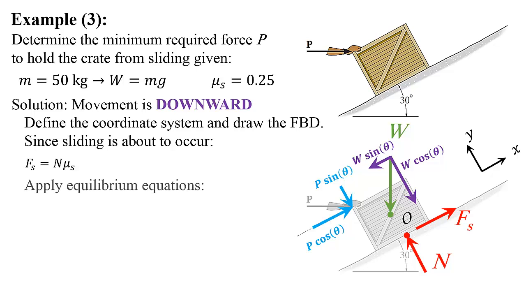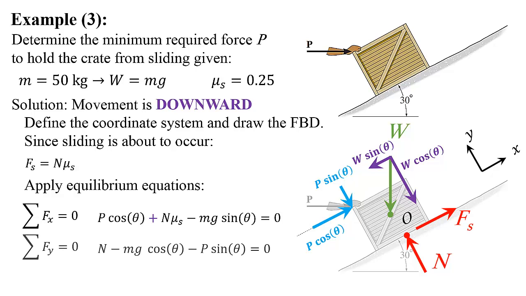Applying the equilibrium equation, I will have summation of the forces in x equals 0: P cosine theta plus N mu s, which is Fs, minus mg sine theta equals 0, and in the y direction, N minus mg cosine theta minus P sine theta equals 0.